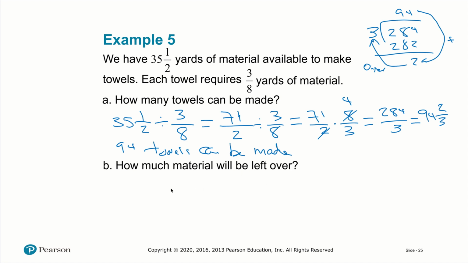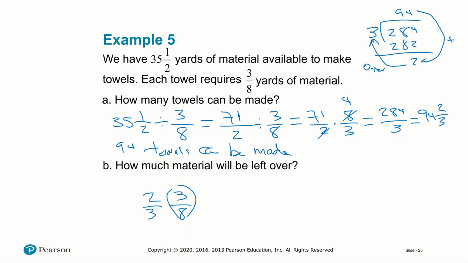This one be careful with, because a lot of people incorrectly say 2/3 of a yard. That's not true. Because remember, this is 94 and 2/3 of these 3/8 pieces, right? So to find out how much is left, you're going to actually take 2/3 of 3/8 to get your answer.